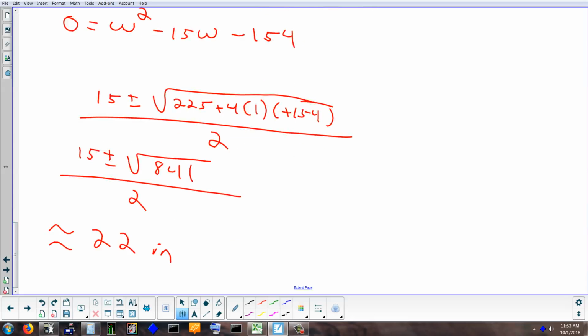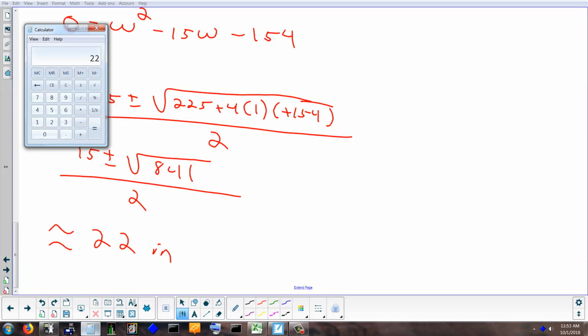Now let's check the other number. Square root of 841 is 29. So 15 minus 29 divided by 2. Or the width could be negative 7. Which one of those is right? 22 or negative 7? Why?